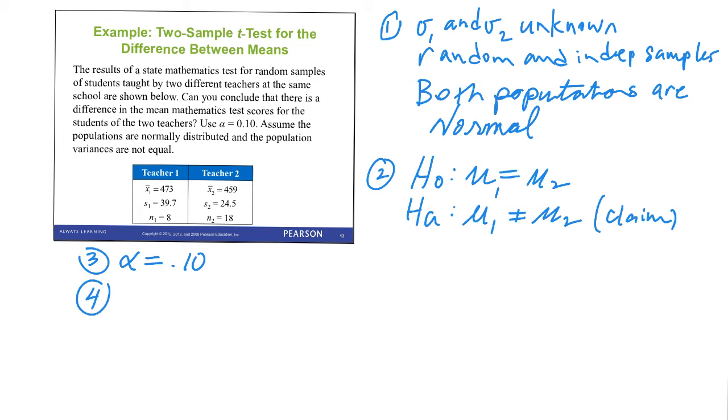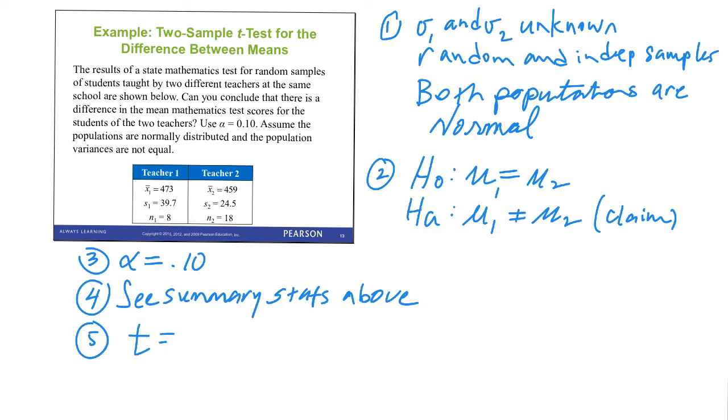Step 4 is to list out our summary stats. So since we didn't have to fish those out of the paragraph ourselves, I'm just going to say see summary stats above. I don't see a need for us to list them again. Step 5 is for us to calculate that test statistic. So if you took the slide that was on the previous page, here's what it looks like. X bar 1 minus X bar 2.